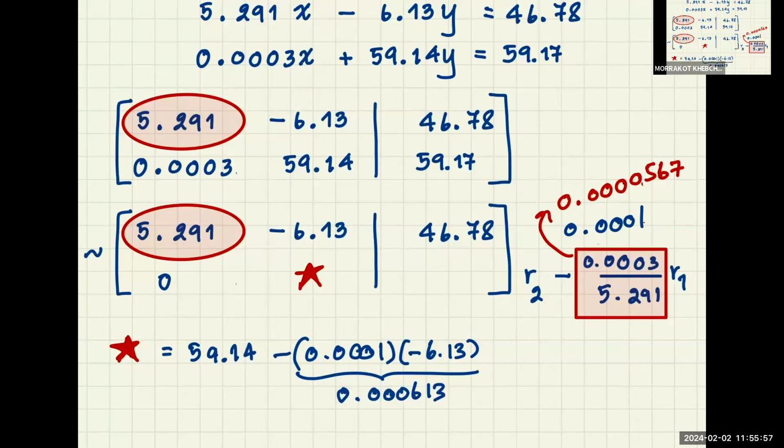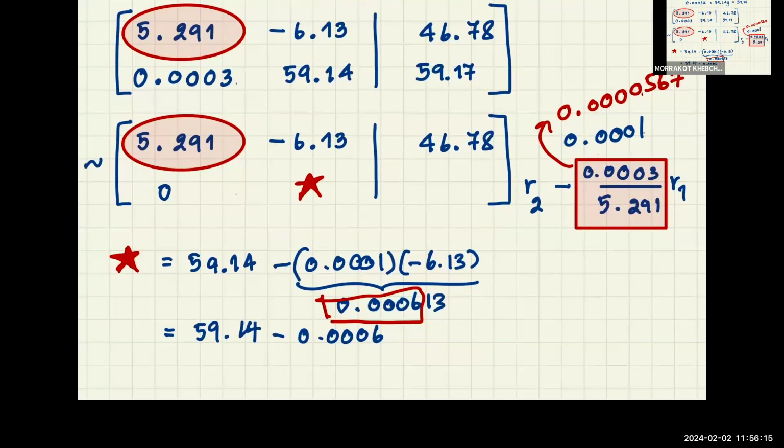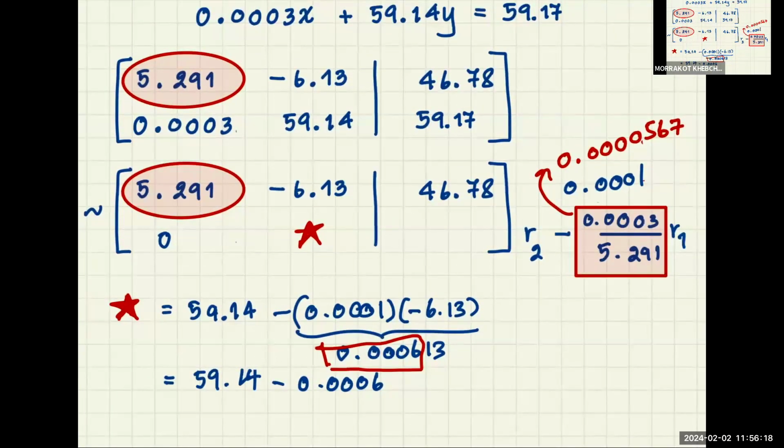So this is gonna be around 59.14 minus 0.0006, which is 59.14 minus 0.0006 is 59.1394.